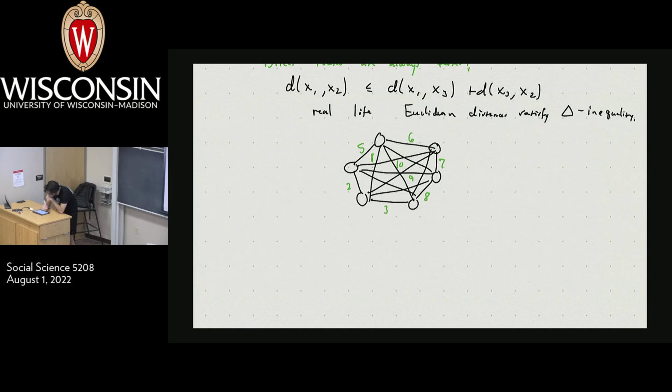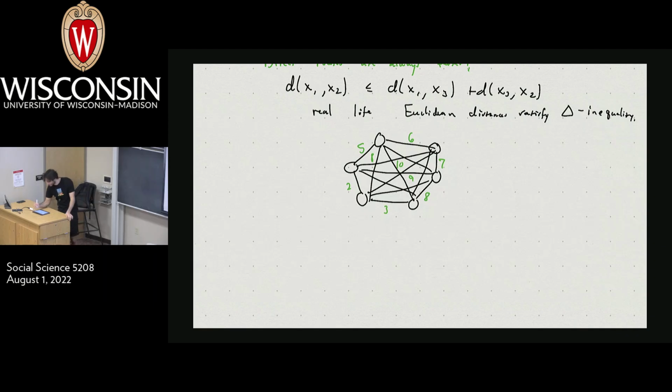Yeah, some numbers there. Let's think. Do we know any problems from class that involve something that's close to finding a short cycle in a graph? So there's two problems we discussed in the class that are kind of like this problem. What's the most obvious one?